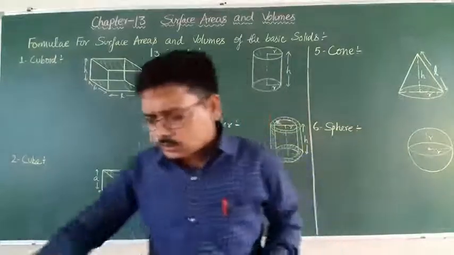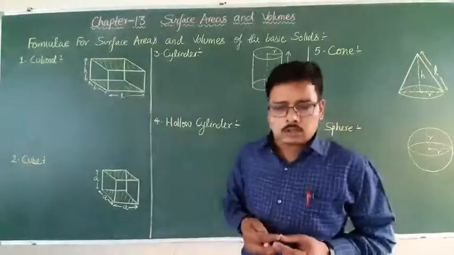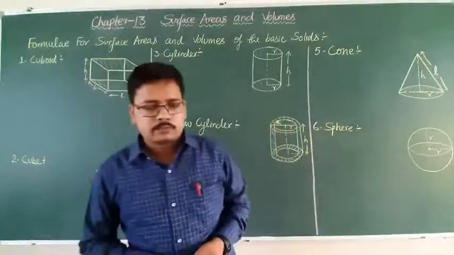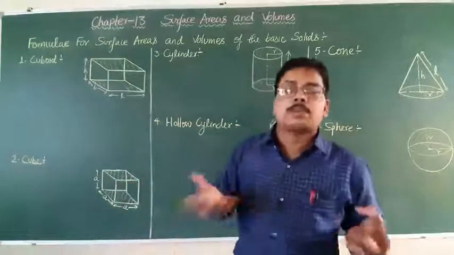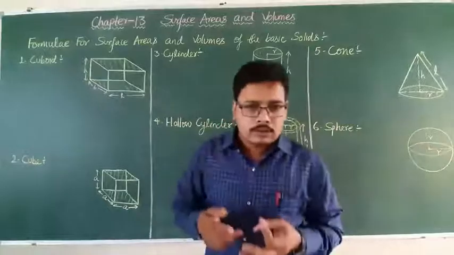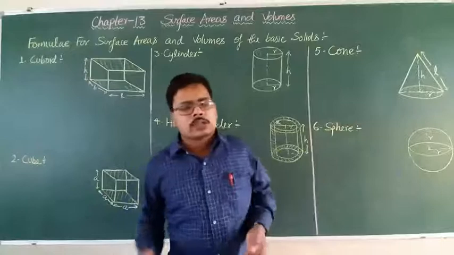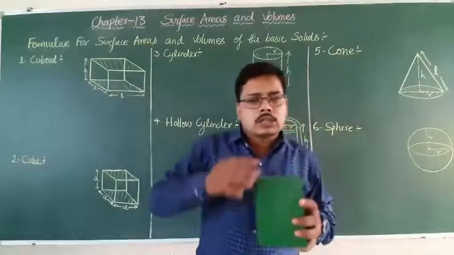Now students, I am discussing surface area and volume. For surface area, you know, it is the sum of areas of all the faces. That faces may be plane, may be curved, that is called the total surface area of the solid. Or you can say the area which you can touch and feel.